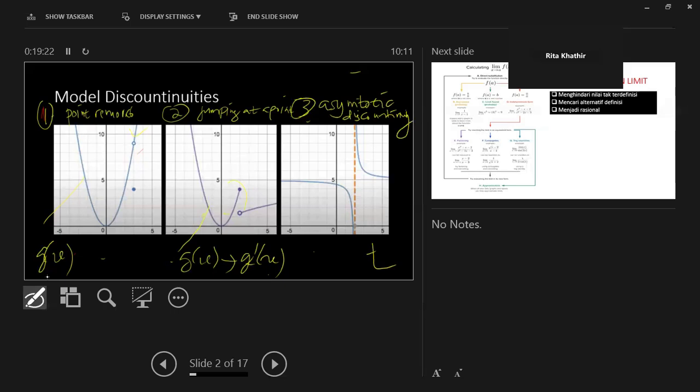Asymptotic. What is an asymptote then? Somebody want to make an expression about what is an asymptote? A line, because you know, a line can be a limit, can be like a wall. A wall is a limit between two rooms.